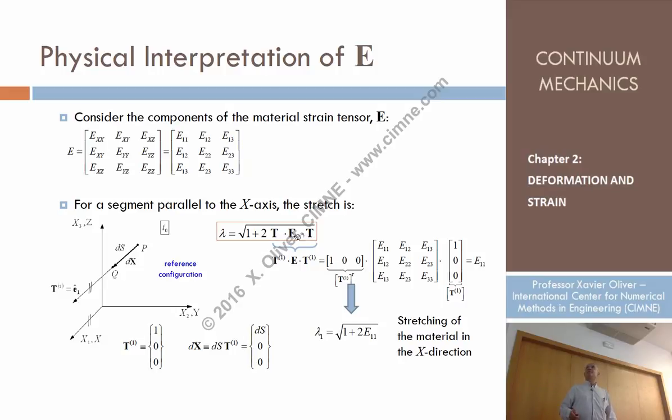Look, t times E times t means multiplying the matrix times a column vector, which is exactly T1, 1, 0, 0. And then I have to multiply the result, which is a vector, times the dot product with the same vector.